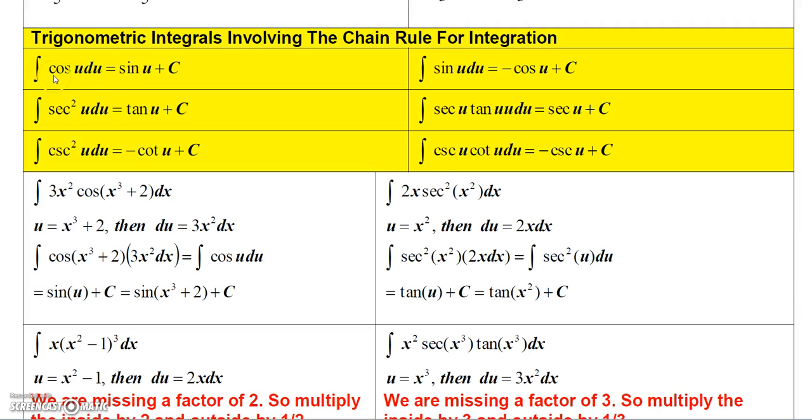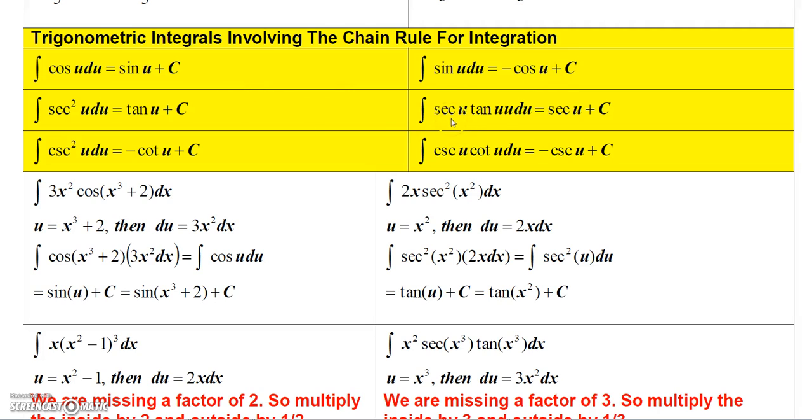But if you can get an integral in the form of cosine u du, then it integrates to sine u plus a constant. If you can get an integral into the form of secant squared u du, then it integrates to tangent u plus a constant. Okay? If you can get it in the form of sine u du, it integrates to minus cosine u plus a constant.